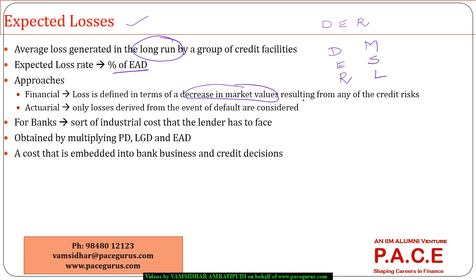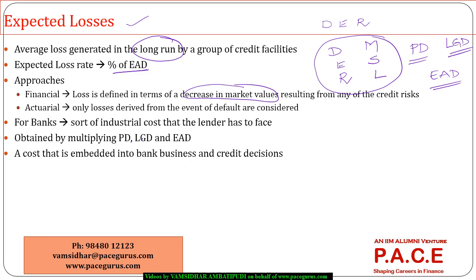So when we are using a financial approach, the expected loss is computed based on all these different kinds of risks, their probability of occurrence, as well as the loss that is going to occur given that scenario has occurred, and the exposure at default in each of the cases.